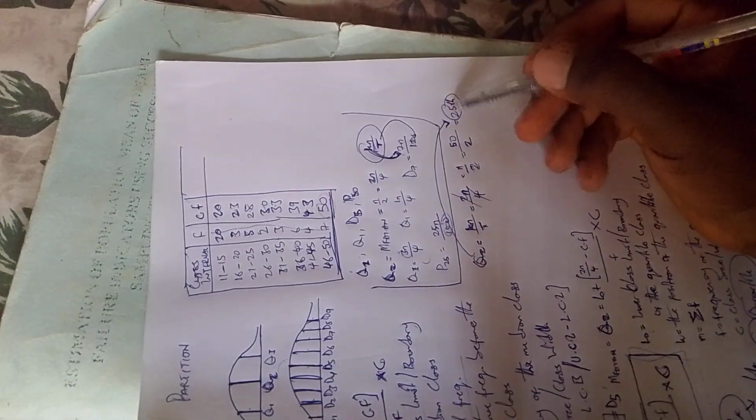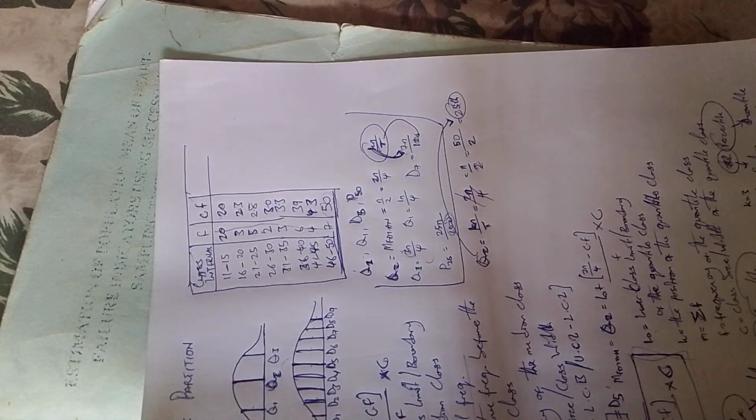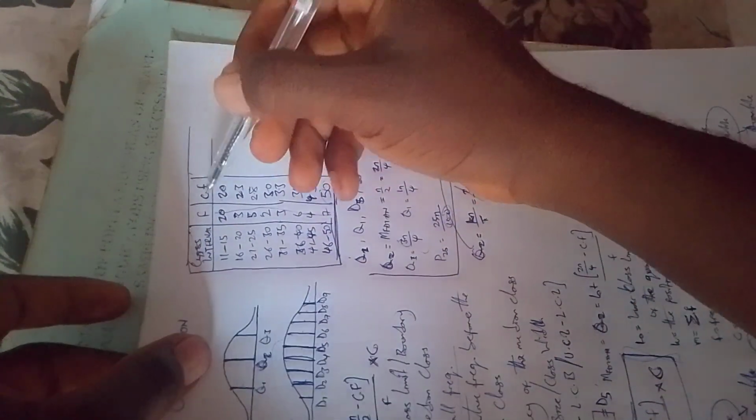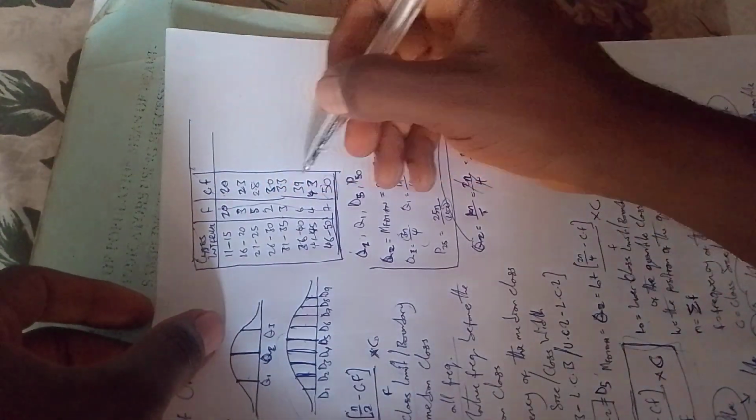Now, what I'm going to do is use this 25th position to compare with the cumulative frequency. Now let's do it together. Remember our second quartile class is the 25th position. Now let's go to our cumulative frequency.